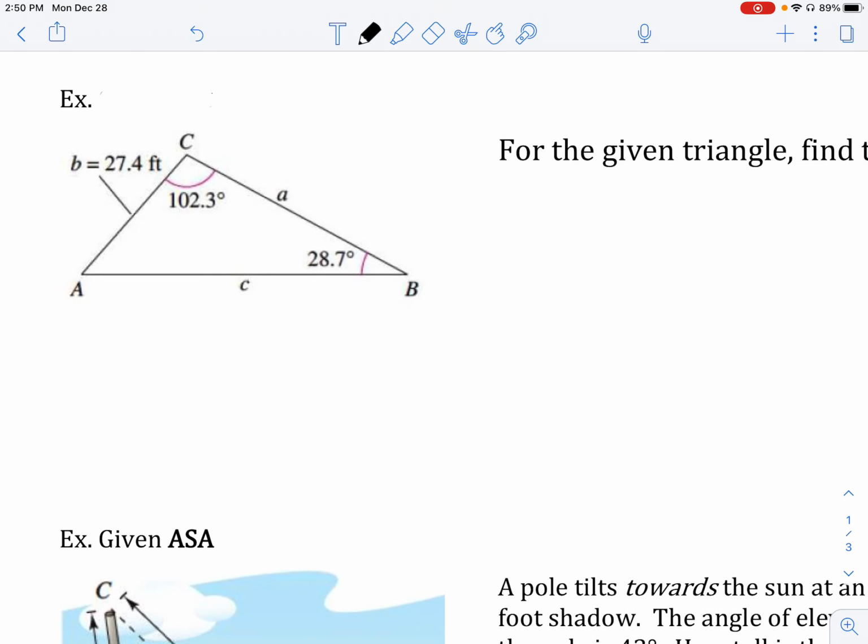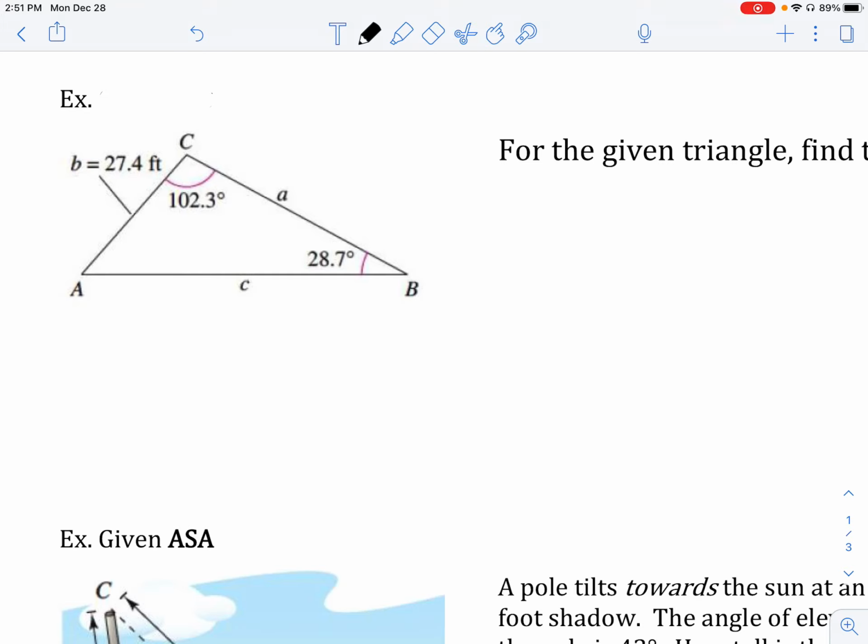So let's just categorize what we know here. We've got two angles, so we definitely know it's an angle-angle case. Now we need to think about what side we have. Looking at this, we've got angle C, angle B, and the side that is given is side B. Ask yourself, is this an included side, in other words, a side in between these two angles, or is it an opposite side?